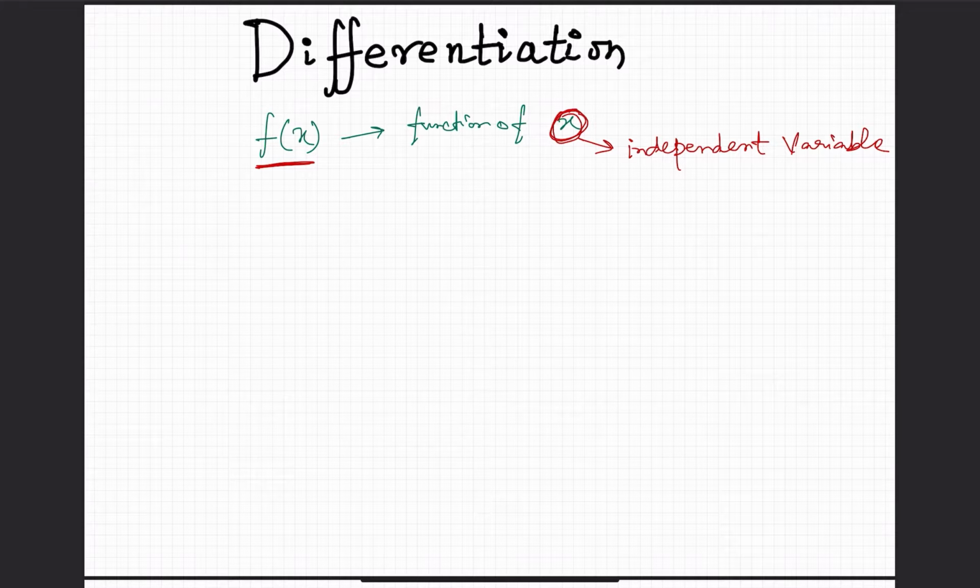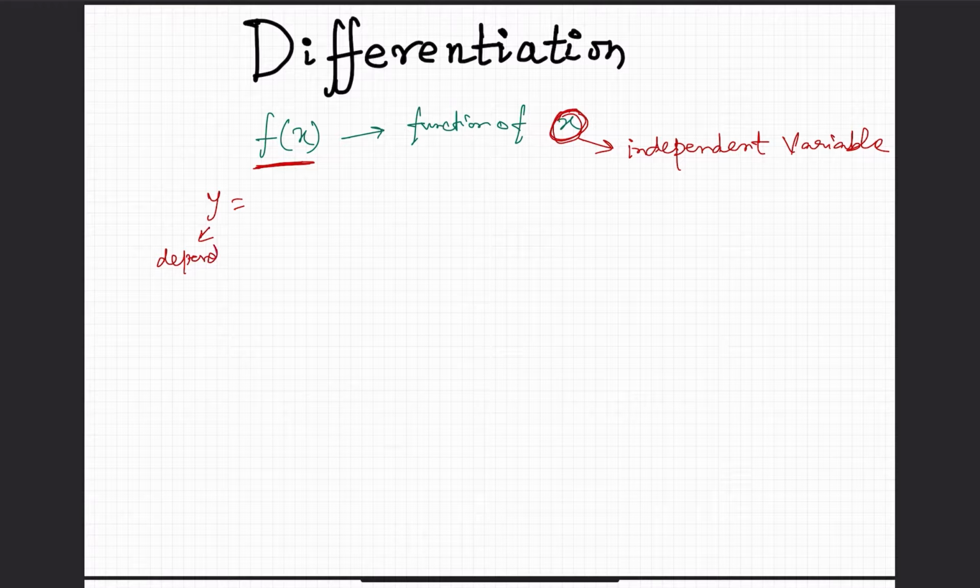We can define the function f(x) with a new variable y, or whatever notation we want to declare. So y is the new variable, which is the dependent variable, because the value of y depends on x.